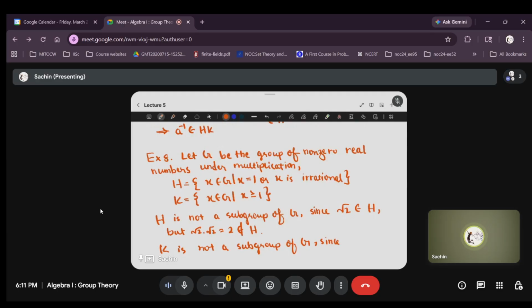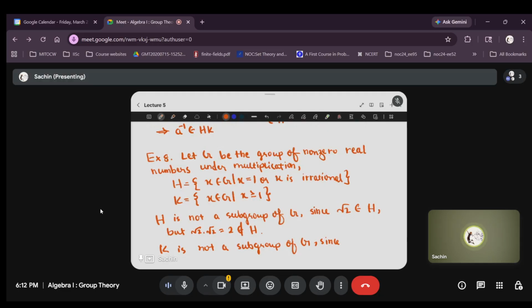What about closure? If two numbers are greater than or equal to 1, is their product also greater than or equal to 1? Yeah, so closure holds. And 1 is greater than or equal to 1, so identity is also there. Associativity follows from the associativity of multiplication for non-zero real numbers. So the only thing left is to check for inverses.